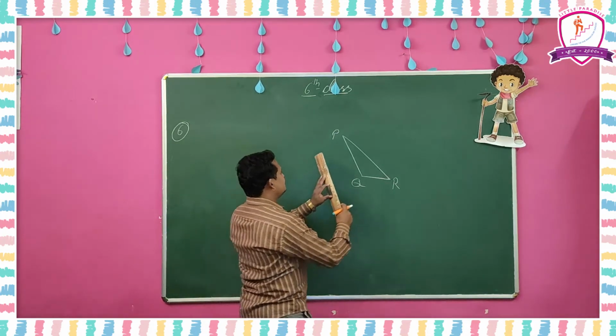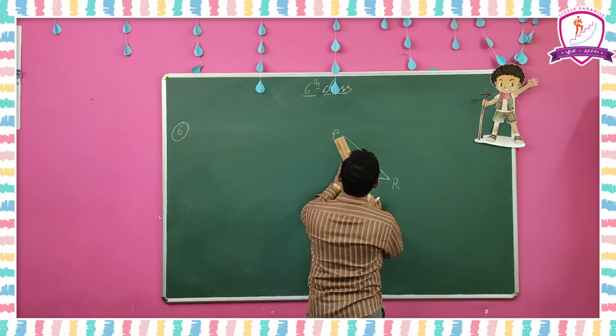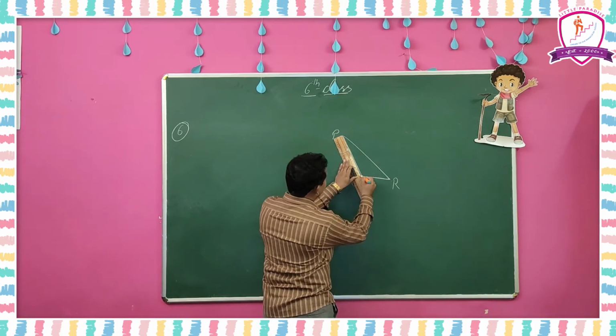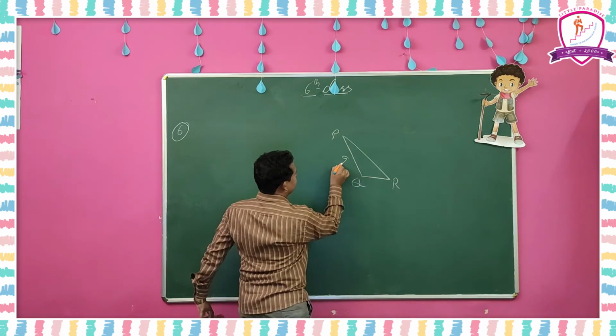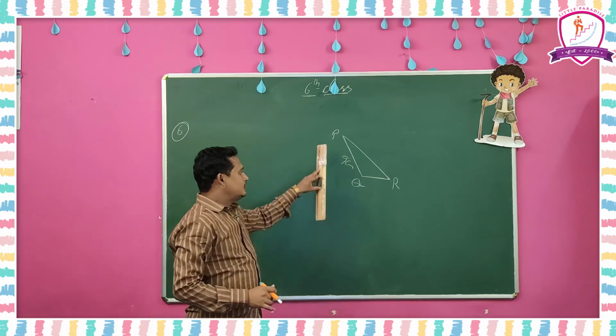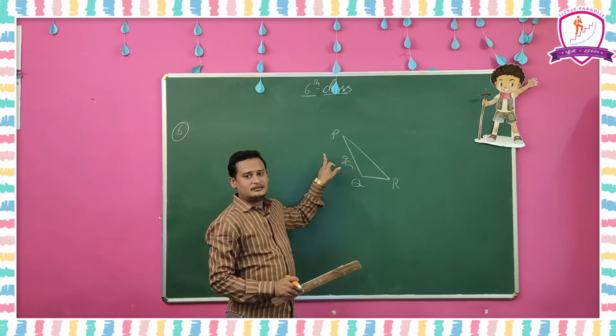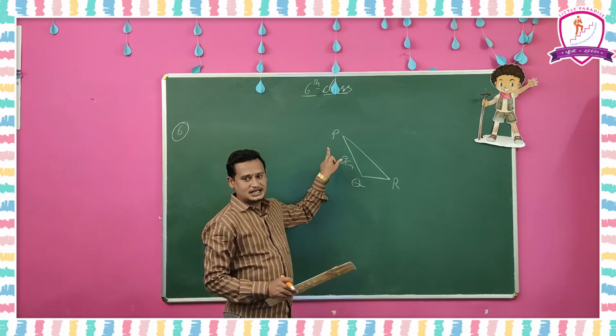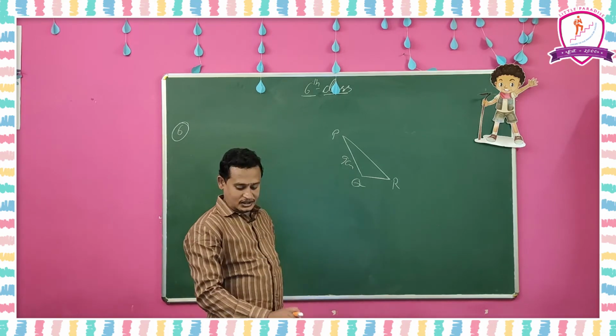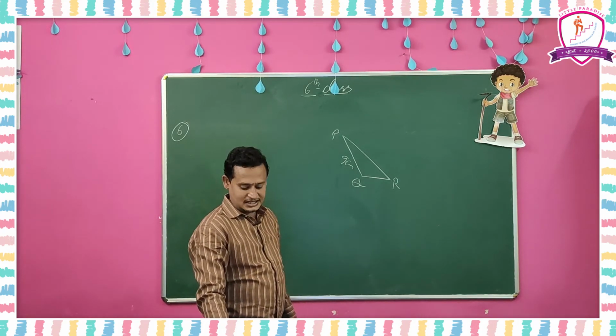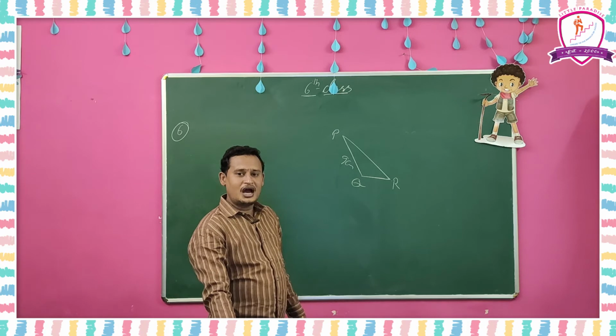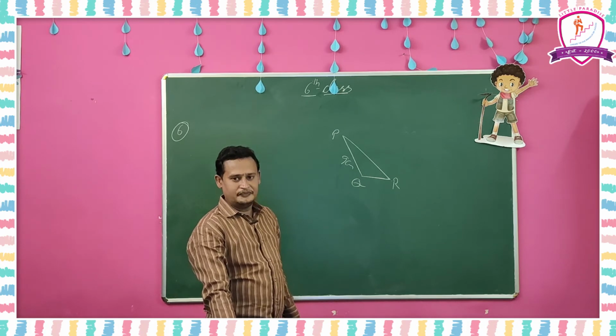Okay. So, for that, first we have to find the length of PQ. I am going to find PQ here: 9 centimeters. In the triangle which I drew on the board, this side is 9 centimeters. It is not in your textbook measure. In your textbook you have to find the measure of PQ yourself.